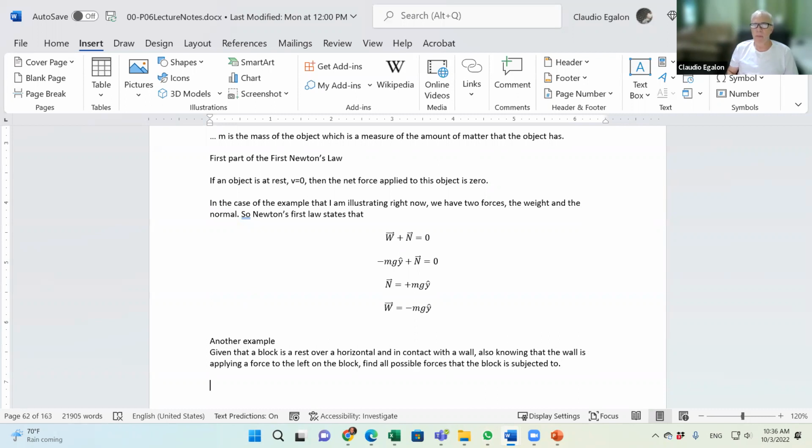The wall is applying a force to the left of the block. I call this force N2.